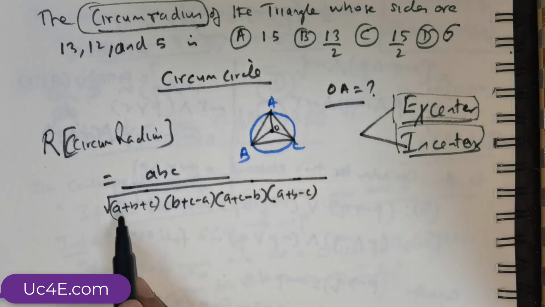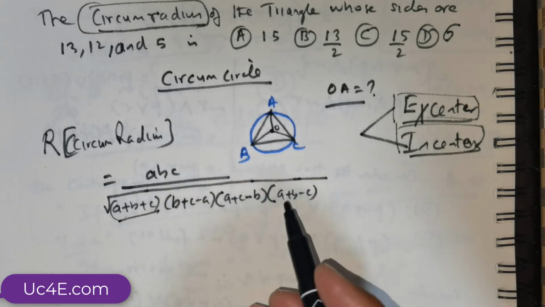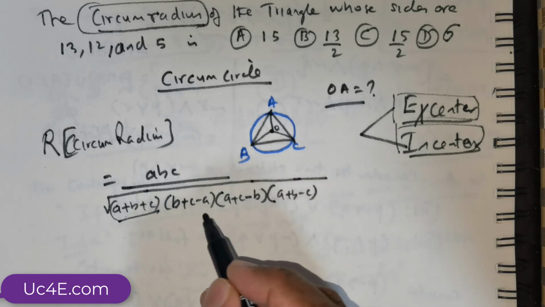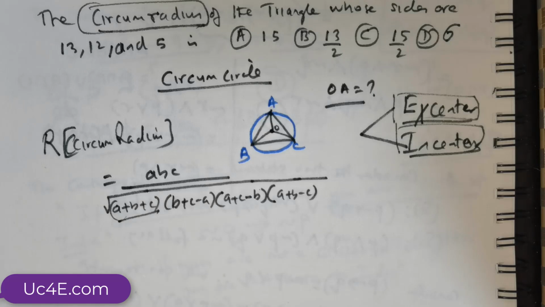So clearly you can see that A plus B plus C is the leading term, whereas the other terms have alternating minus signs as a prefix to their terms. So this is the formula that we will be using.